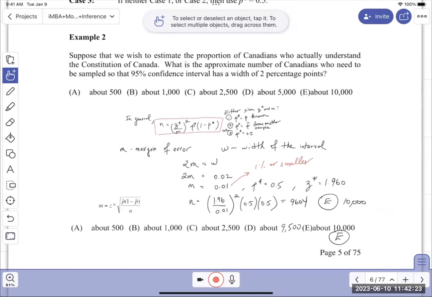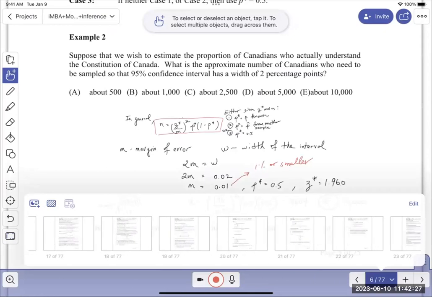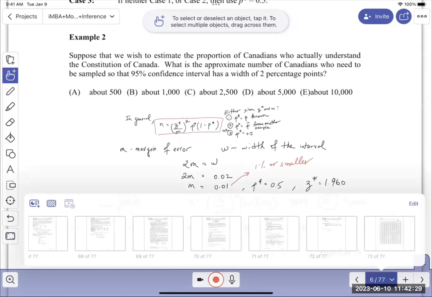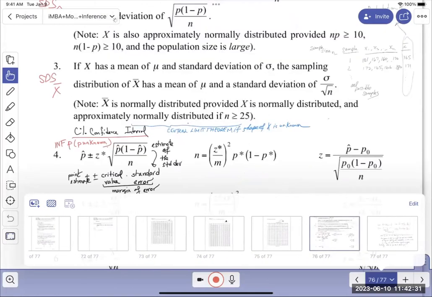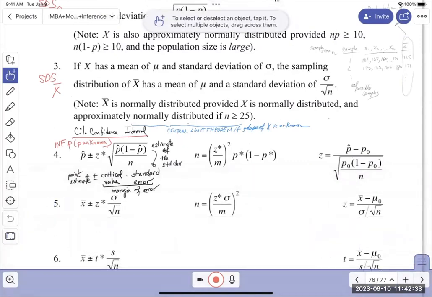So that was column number 2. So column number 2 is all about sample size estimation. So I'm going to squeeze that in.